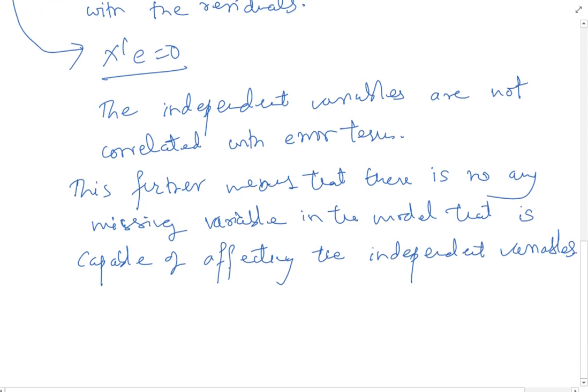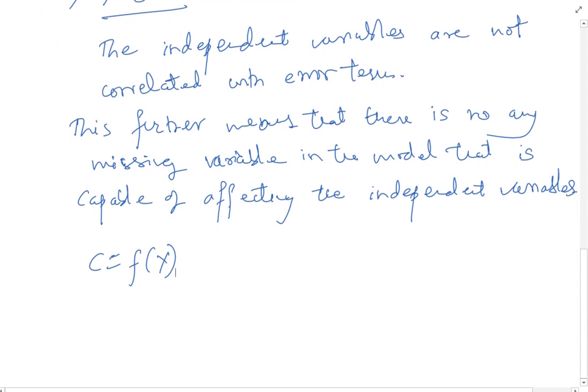Let's say we are making a model where C is the consumption expenditure and y is income. Let's make the model: C equals alpha plus beta y plus e.